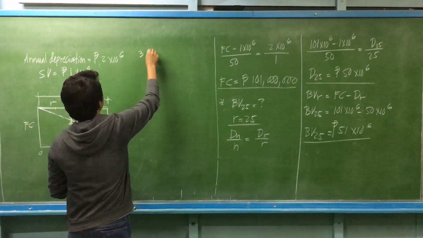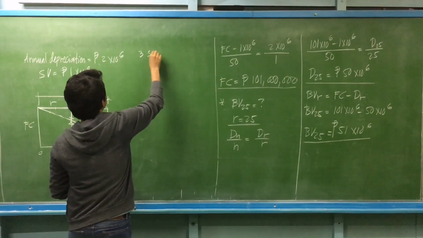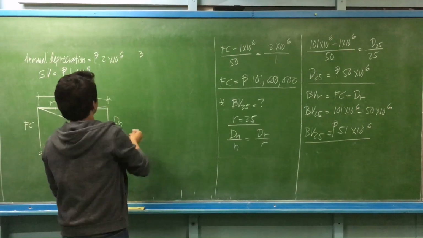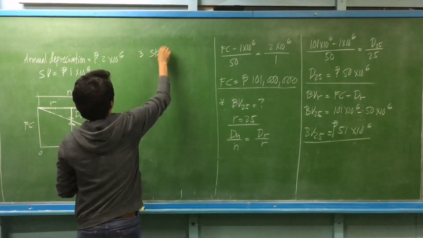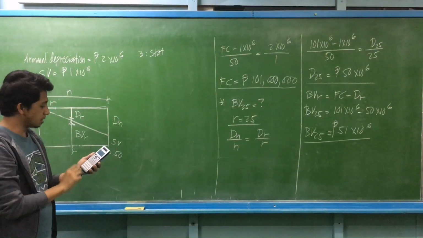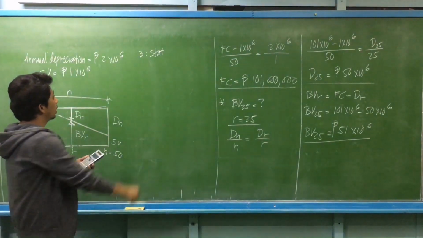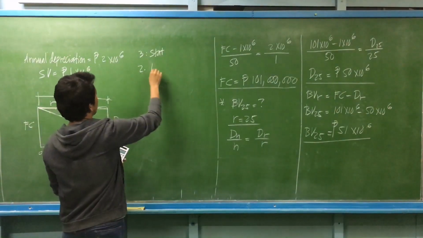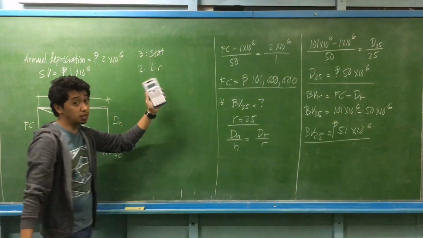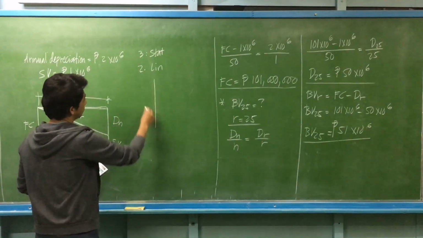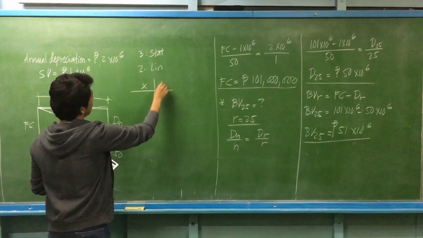Doon muna tayo sa mode stat. So sa mode stat, that is number 3. Tapos, yung susunod doon is 2. Ang nag-appear lang sa calculator is yung LIN, which means linear. So number 2 yun. So lalabas yung columns natin for X and Y.